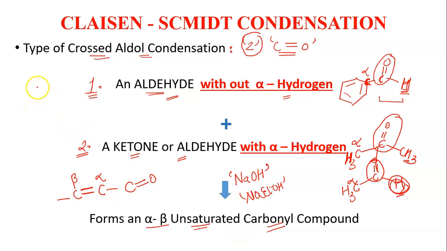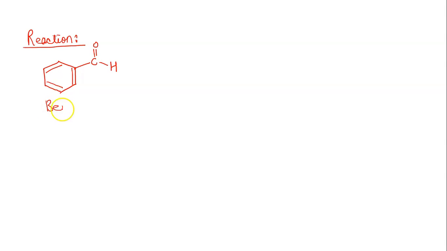Now let's have a look at the reaction. So the first compound is aldehyde without the alpha hydrogen and we are taking benzaldehyde.